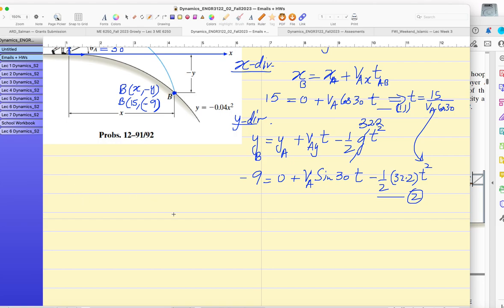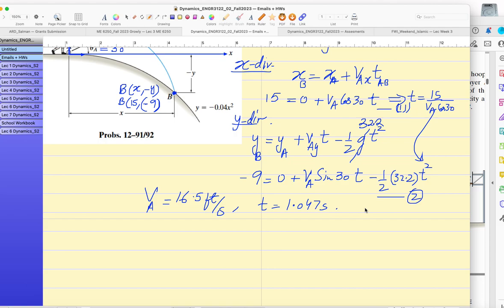And if you solve for this, since I'm not solving to save time, I'm just writing down the answer from my notes: 16.5 feet per second, and time t equals 1.047 seconds.